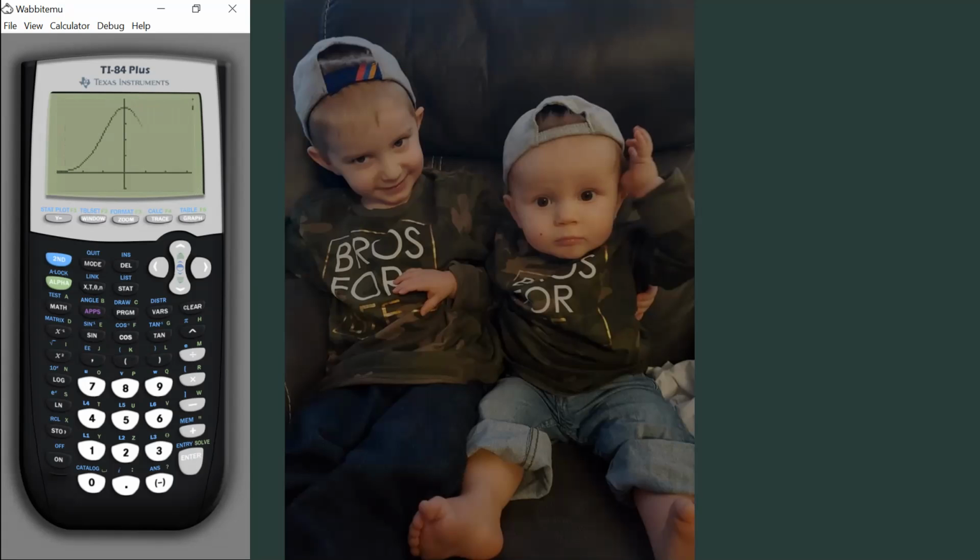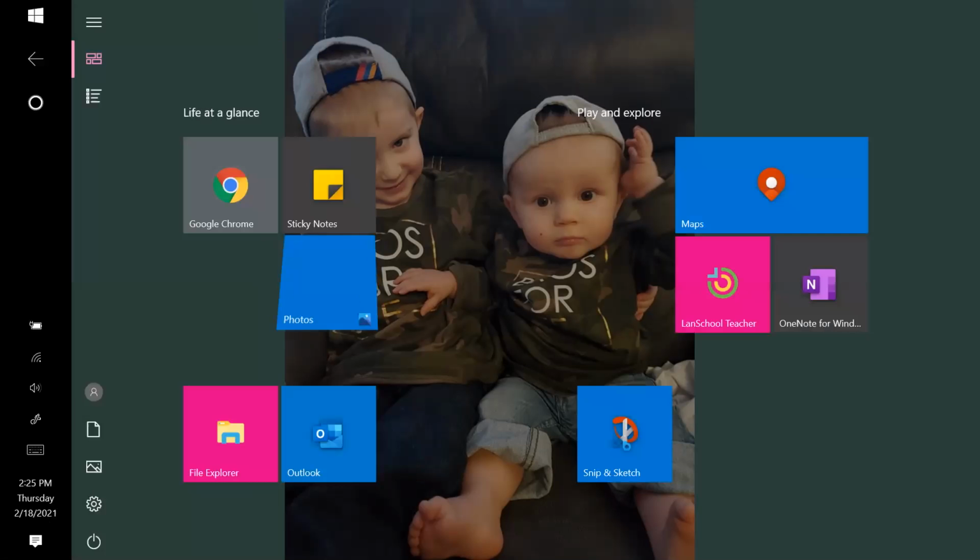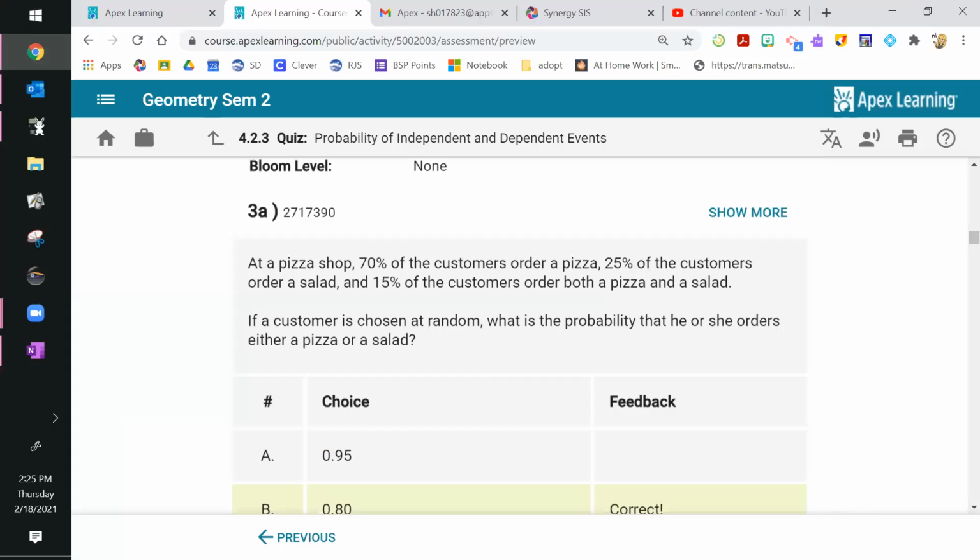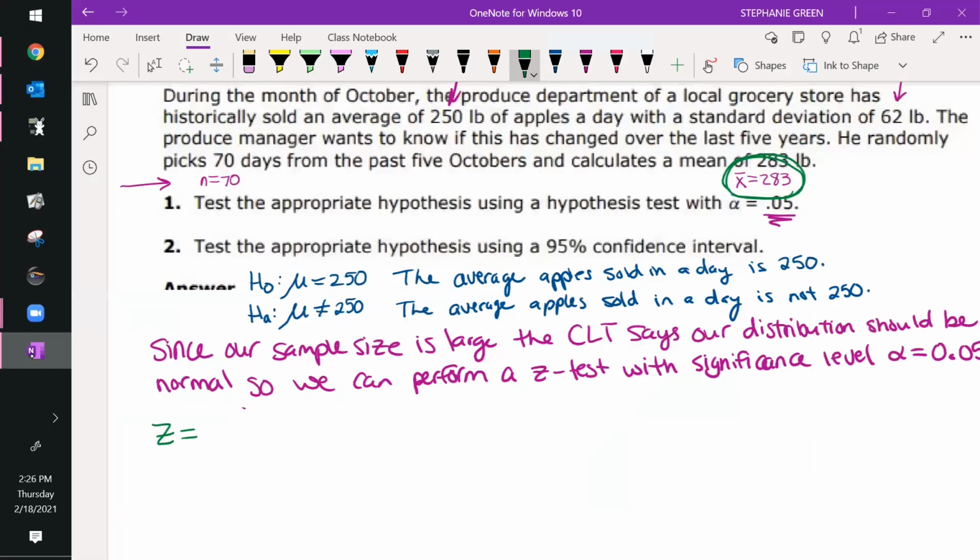So there we go. Z is 4.45, which is what I got when I did it by hand. So Z ended up being 4.45.